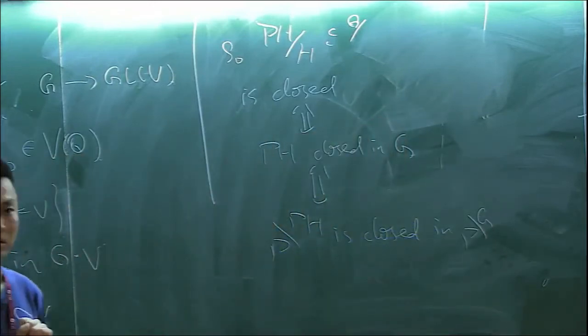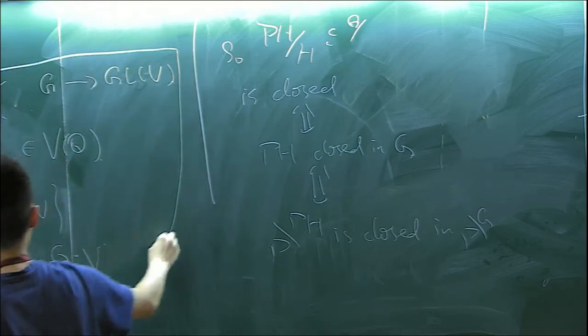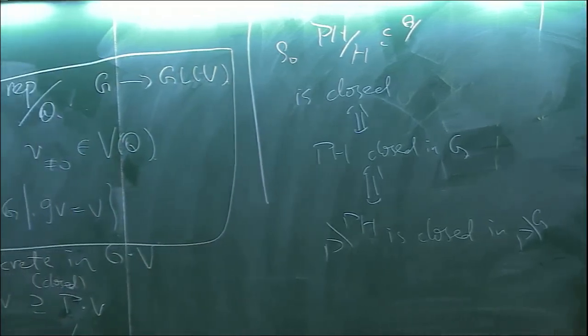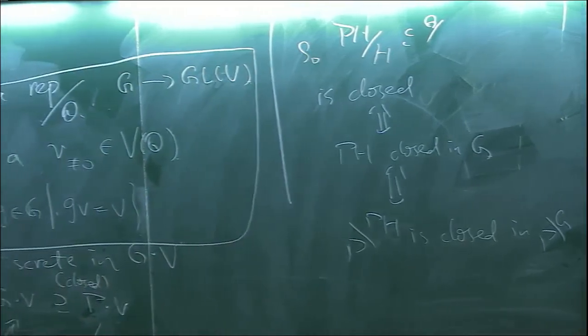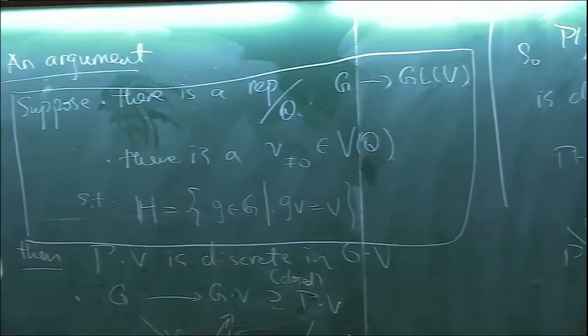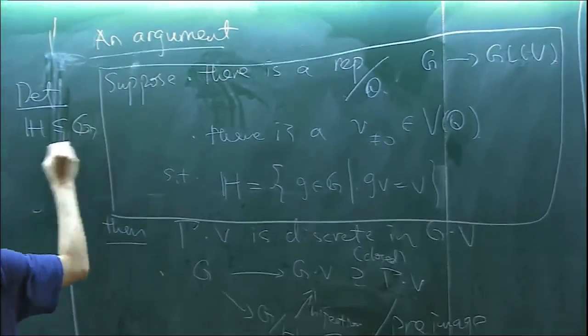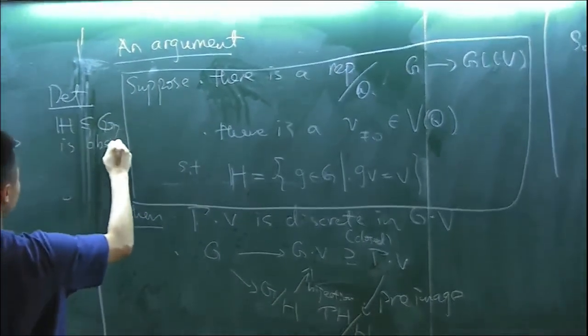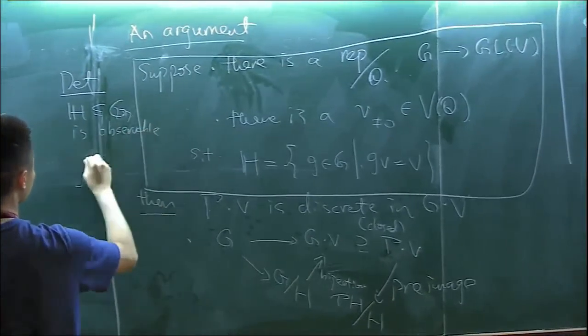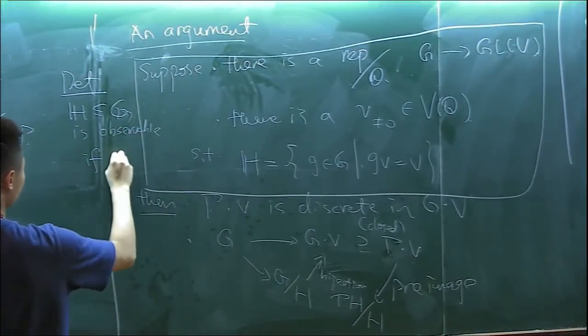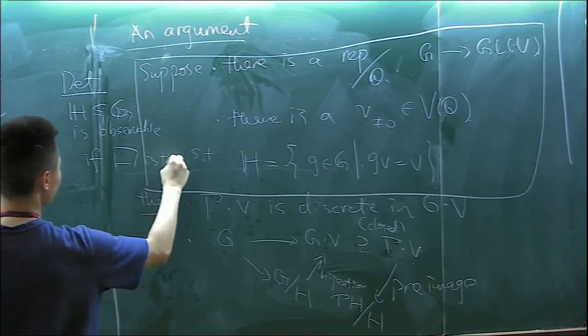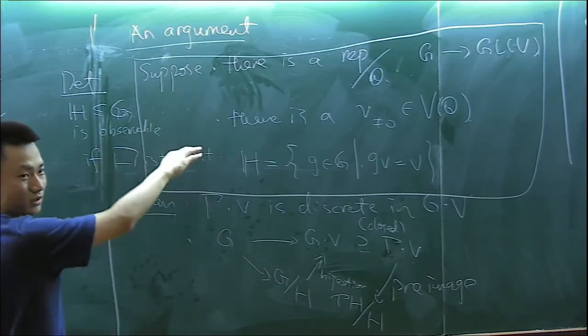Make sense? So when this is true, by definition, H inside G is observable if what I write here in the box is true.